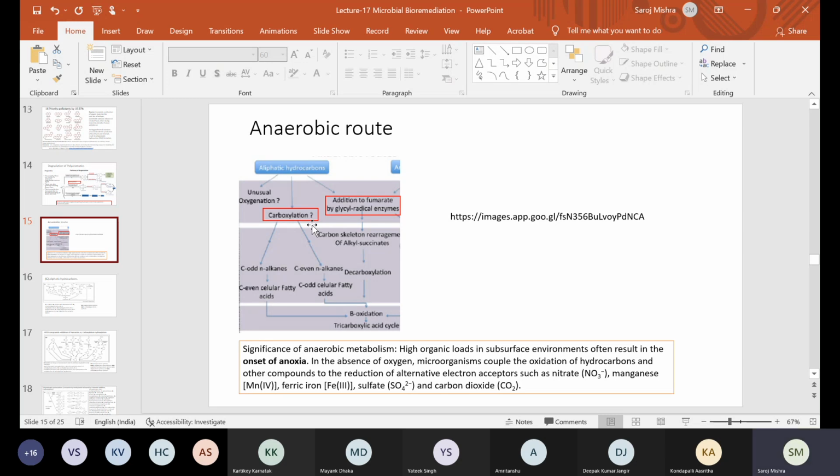When sugars and other food materials are oxidized, even in the absence of oxygen, during anaerobic respiration, carbon dioxide is still made. So that environment is already rich in carbon dioxide. And fumarate, you will recall, is C double bond C with COOH, so basically a C2 compound which has a carboxylic group.